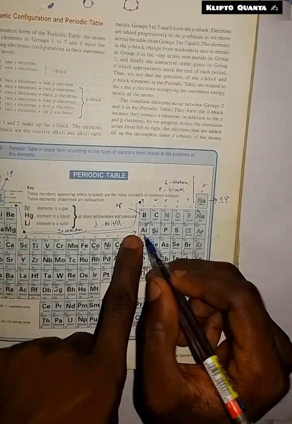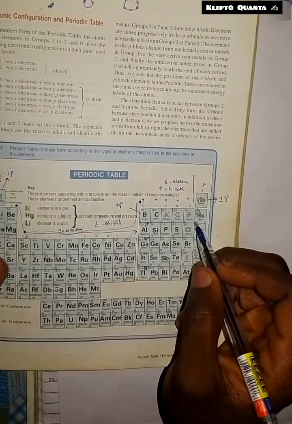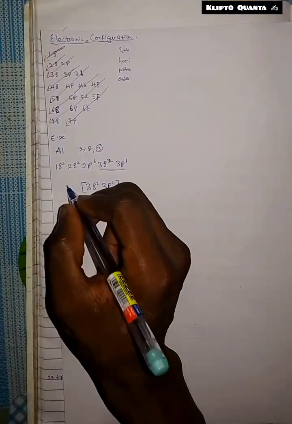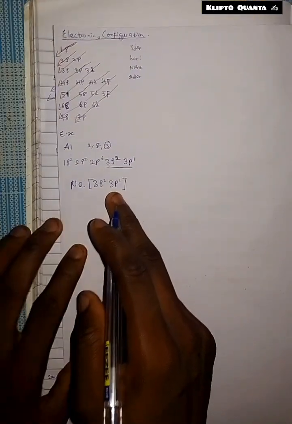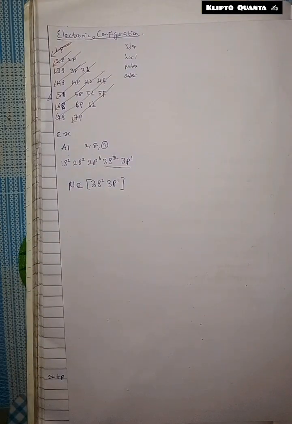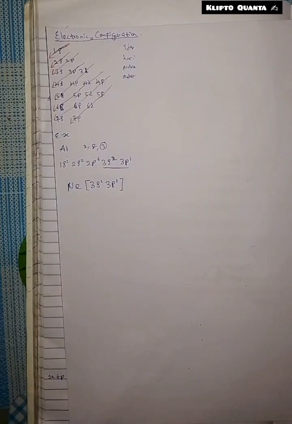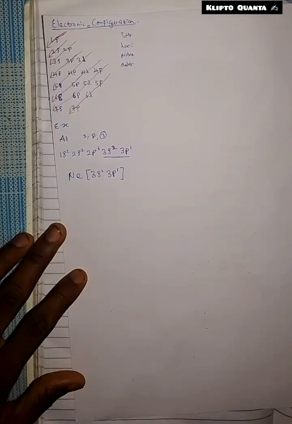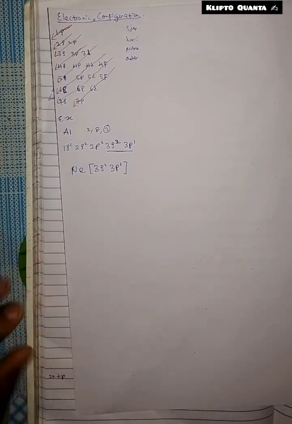Now aluminium falls under neon. So that is why they will write it as Ne, 3s² and 3p¹. They use this configuration in most cases. So all you have to do is look for the outermost shell, and everything else might be much easier for you to break down.